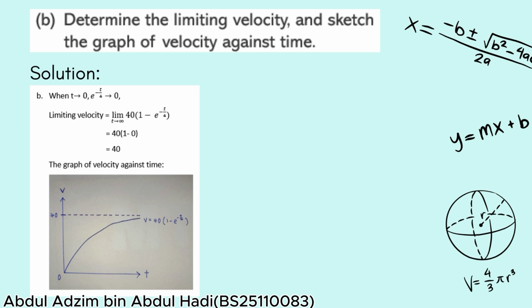When t approaches infinity, e to the power of negative t over 4 equals 0. So 4t times 1 minus 0, we get 4t. So the graph of velocity against time is an exponential graph which approaches 4t.